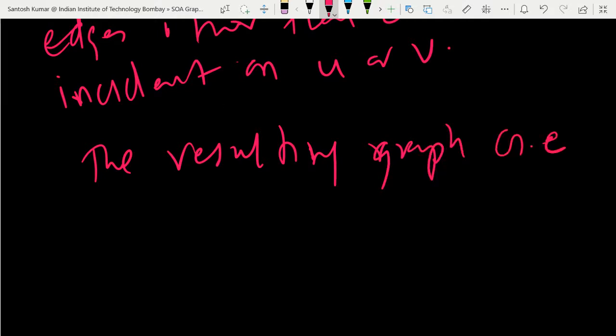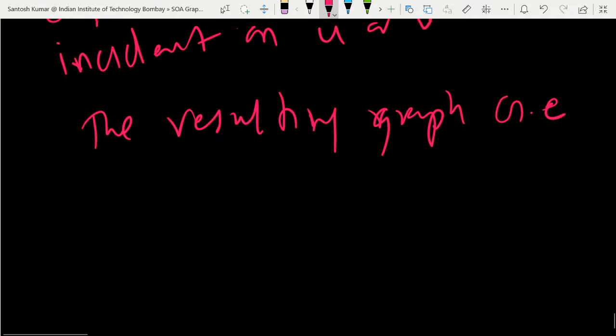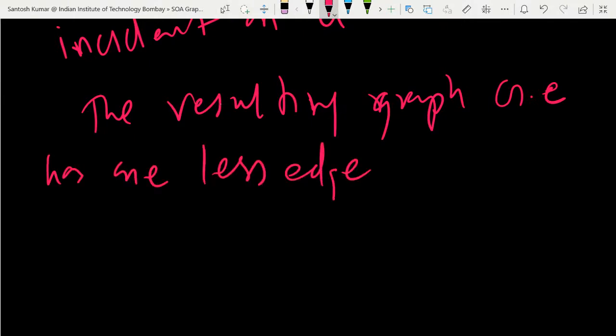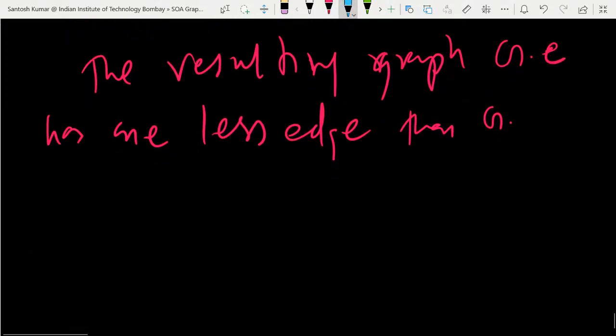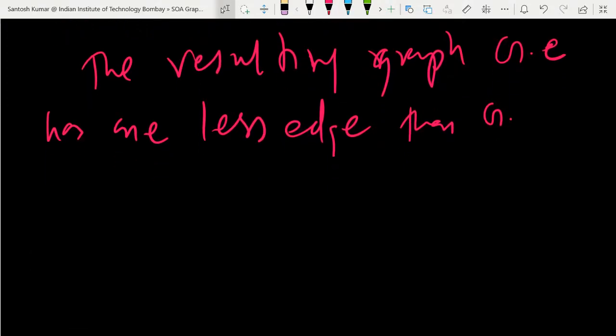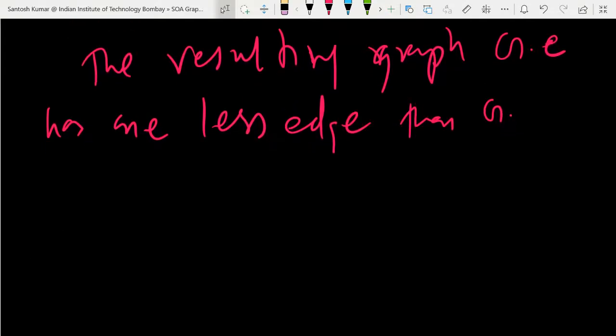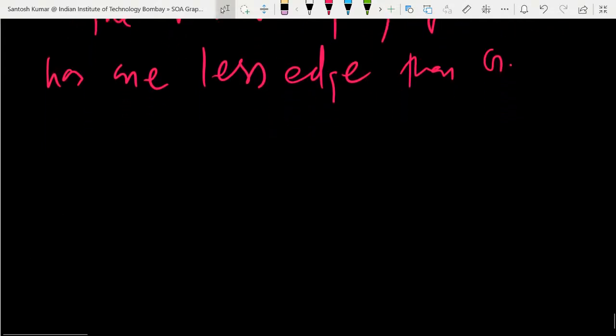G dot E means contraction of the edge E in the graph G, and it has one less edge than G. Or you can say simply, contraction of edge E shrinks the edge to a single point.